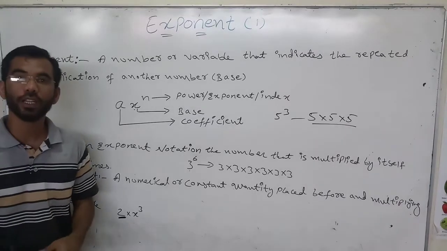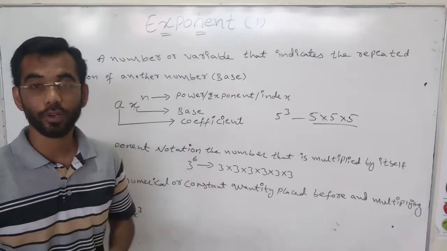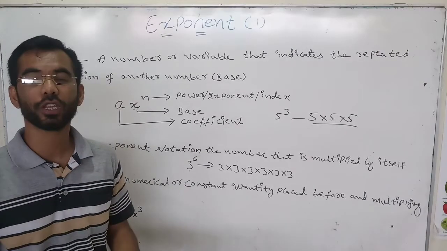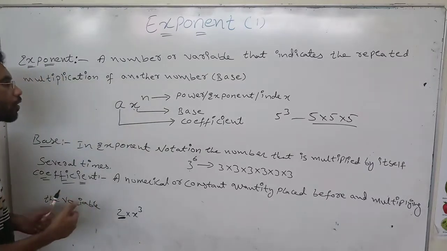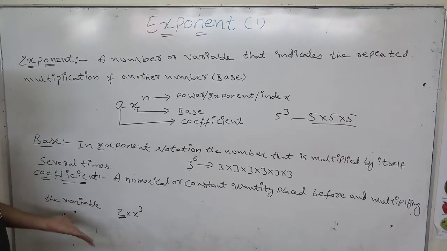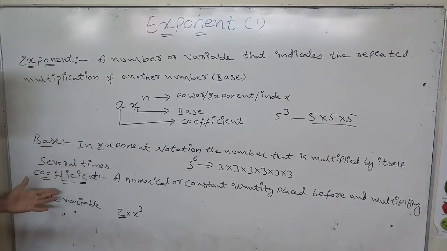Normally a number which is multiplying with the variable is called the coefficient. Now, we have already seen exponent, base and coefficient. Once again we will revise it.